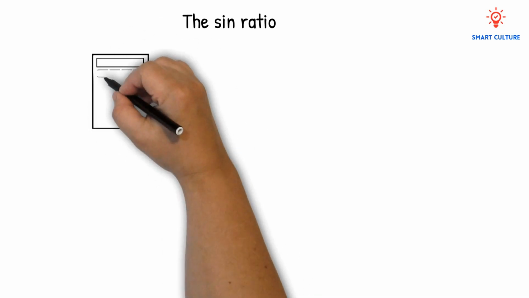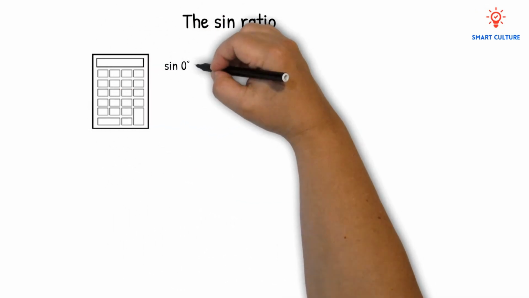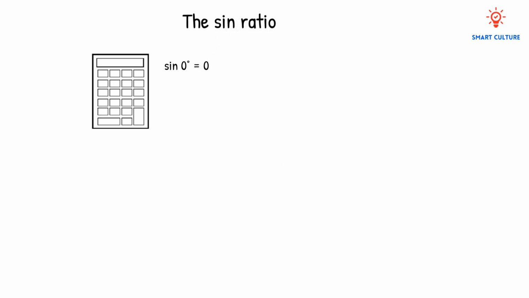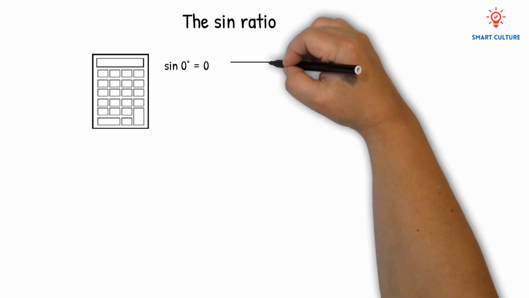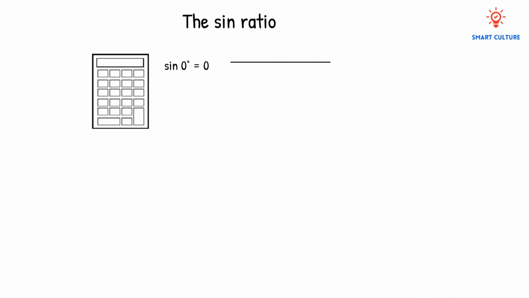Now, if you punch the sine of 0 degrees into your calculator, you'll get an answer of 0. Let's see why. When angle theta is equal to 0, there is no height or opposite side because the triangle collapses to a straight line.